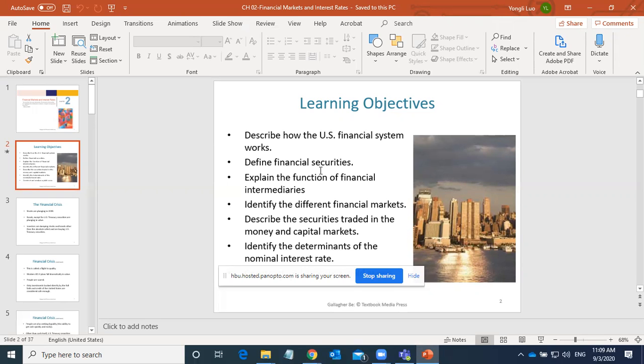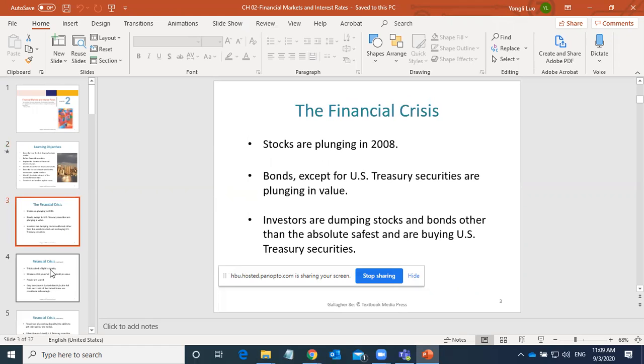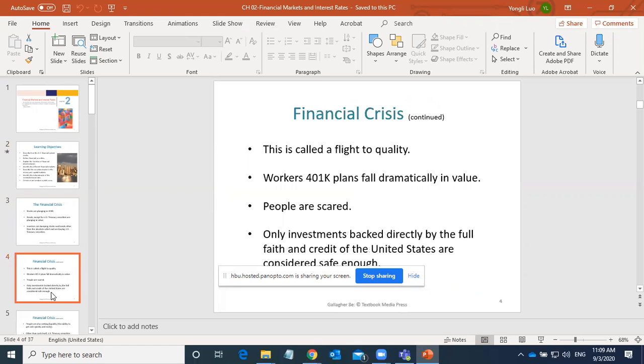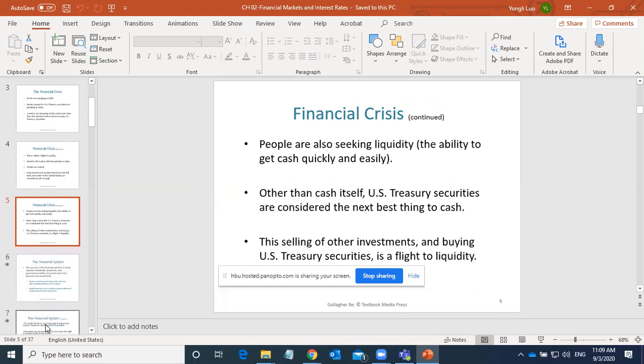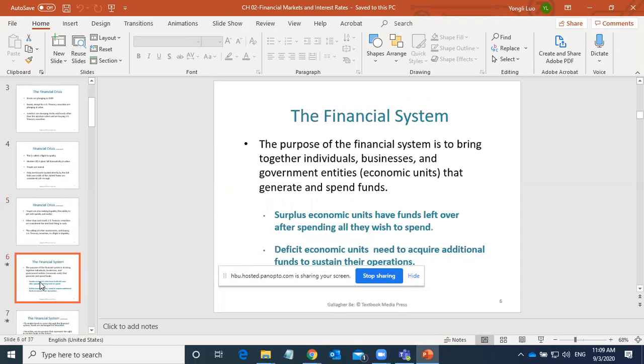And we skipped the financial crisis we talked about last time. So we start with the financial system.